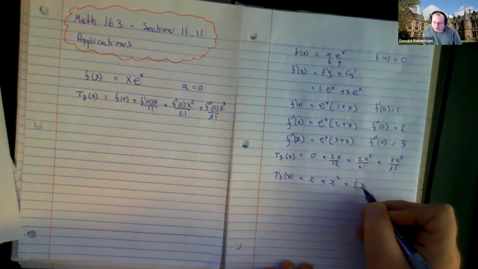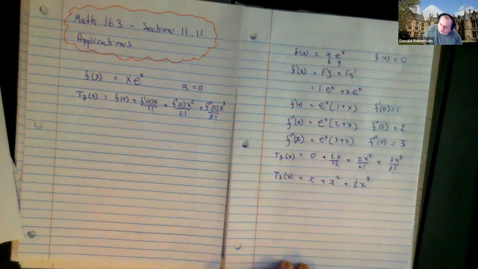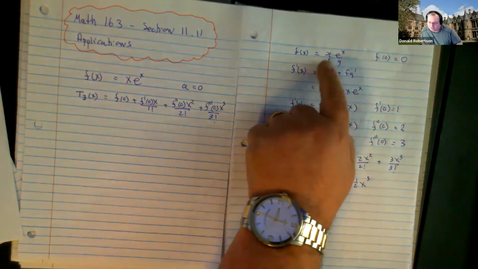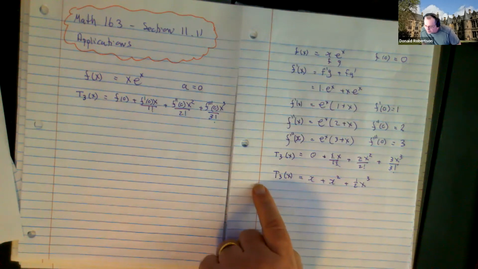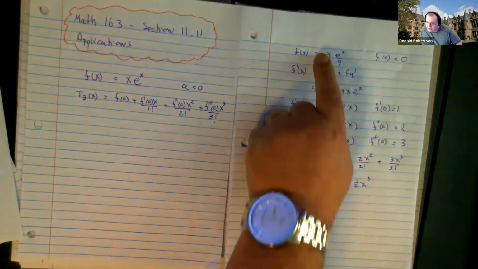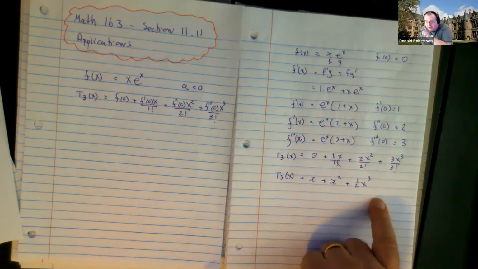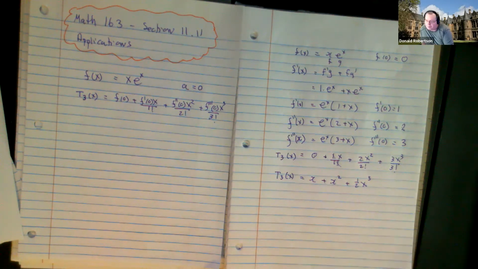Now, T3 of x is not the same thing as x e to the x. Wouldn't I have to do the entire power series to get the same thing? But isn't T3 of x probably going to be a pretty decent fit? Remember we did the sine of 0.123456. Remember that? They tend to be really good fits.